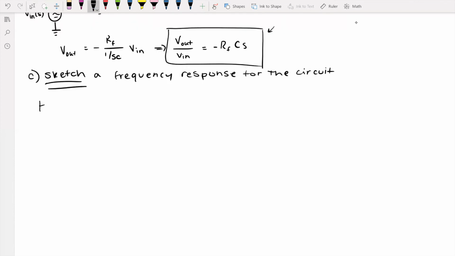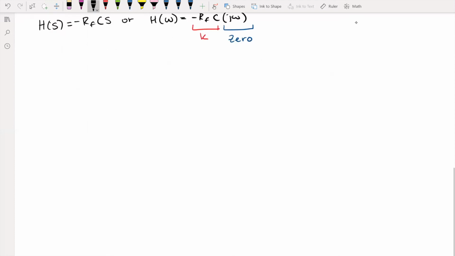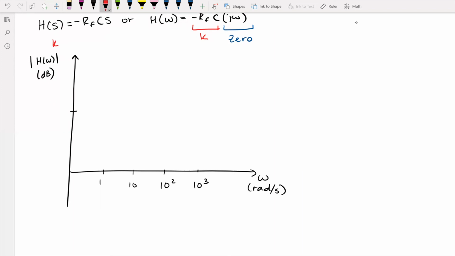And so we have H of S equals negative RF C S. This is quite easily the most simple Bode plot you could have, with this being the K component. So let's do a rough sketch of the K component for the absolute value of negative RF C. It's just 20 log base 10 of RFC.